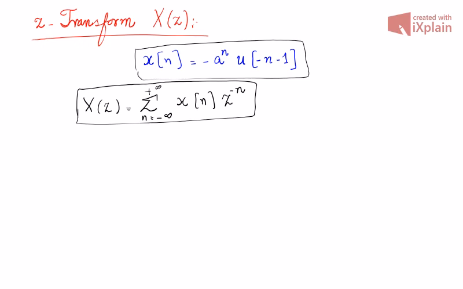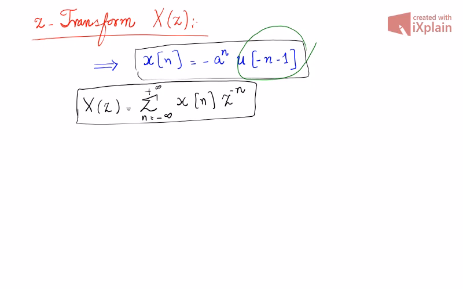Now here, let's try to see what our sequence is actually and where it is non-zero, because you can see u of n minus 1, which has certain limits. It's not available for n from minus infinity to plus infinity.